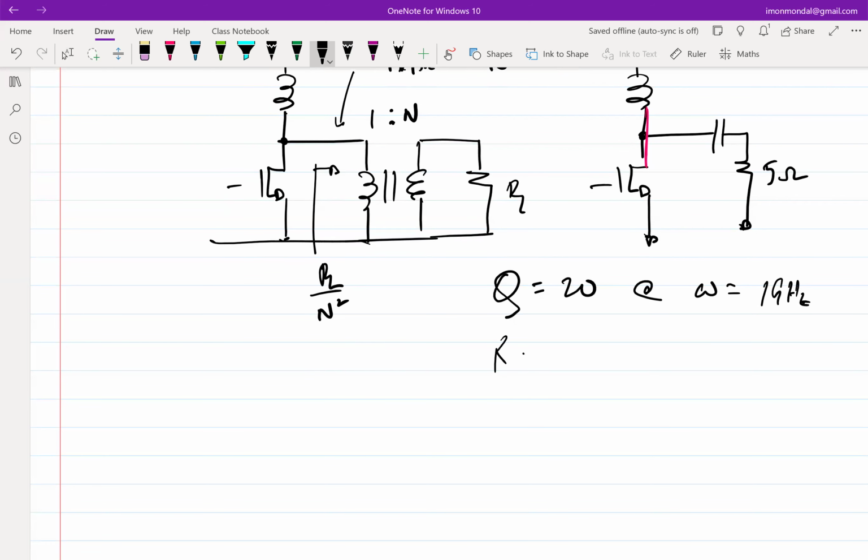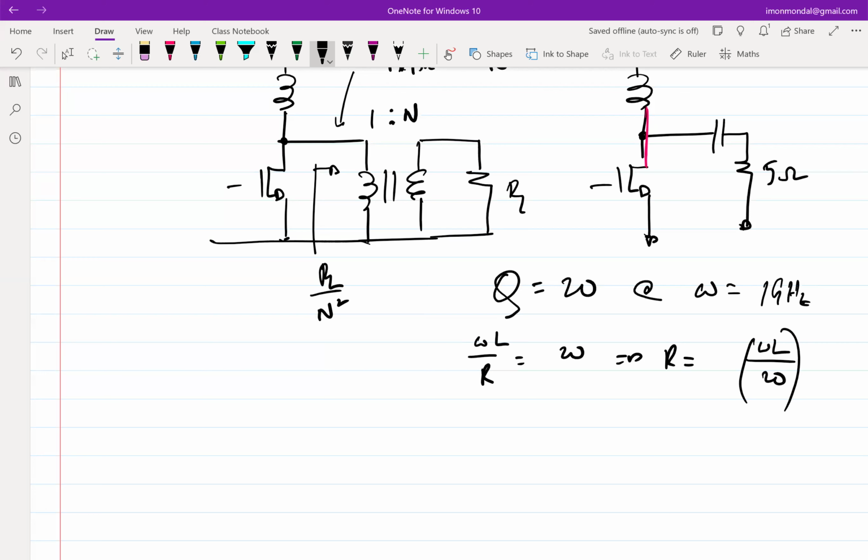So what will be R for the matching network? Effectively, let's say it's inductive R. Let's say omega L by R equal to 20. What will be R? You need the value of omega L also, right?